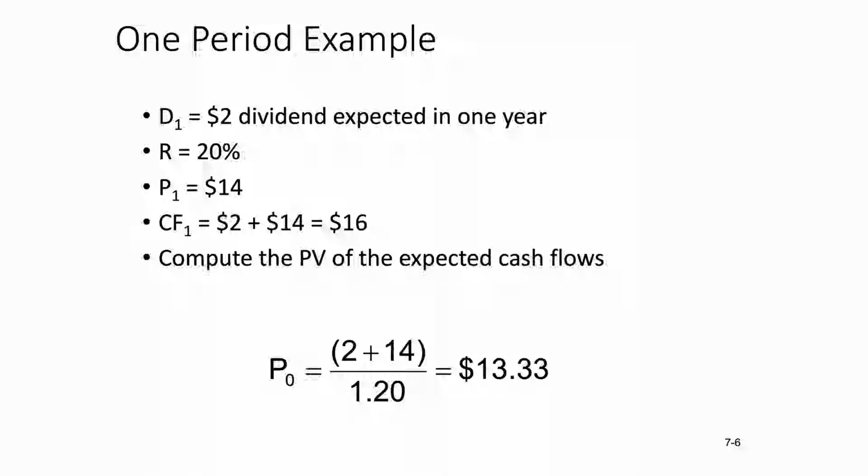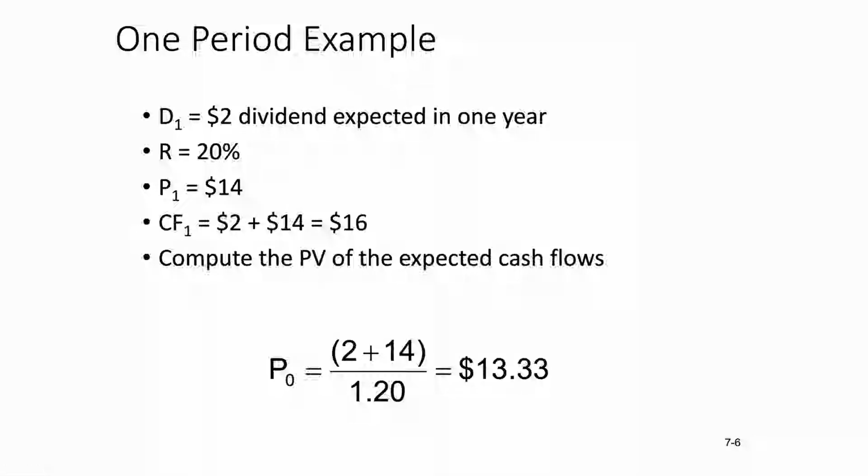Now we can calculate what's the present value for that. How do we calculate present value? On the numerator, $16 is the expected cash flow at the end of next year. You discount it back by 20% interest rate. 1 is the principal. Divide by 1.2.